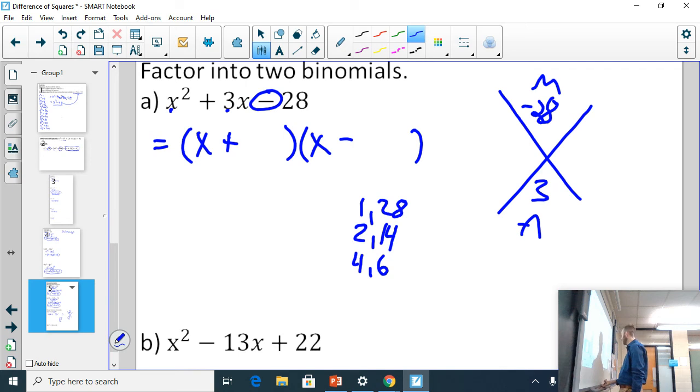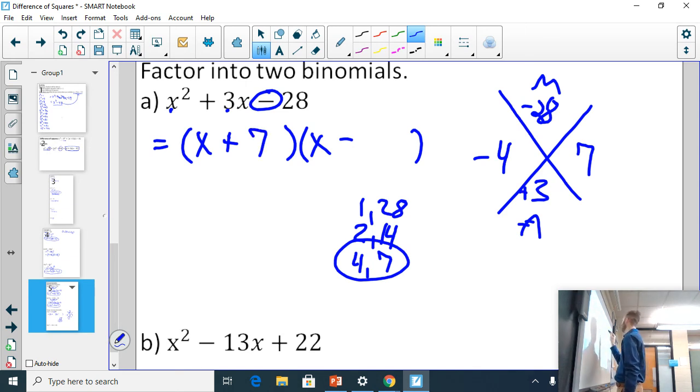Or it's not 4 and 6, it's 4 and 7, right? 4 and 7. And I think those will work if we make the 4 negative, right? Because we need this addition to be a positive 3, so we're going to need the bigger number 7 to be positive. There we go.